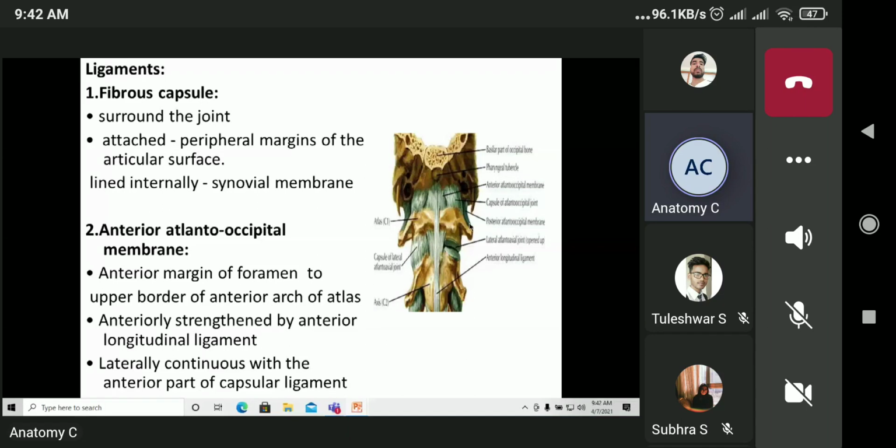Look at this first one. This is the anterior atlanto-occipital membrane, coming from the occipital bone, from the foramen magnum to the upper border of the anterior arch of the atlas. Again, it is strengthened by the anterior longitudinal ligament, and laterally it continues with the anterior part of the capsular ligament. You can give it as the capsular ligament.